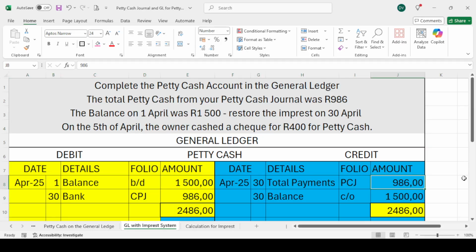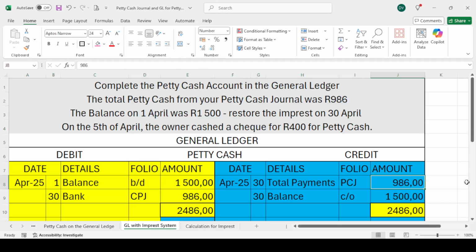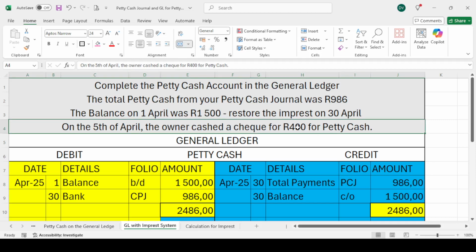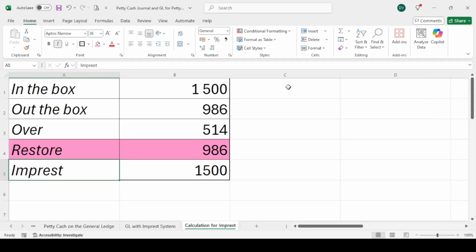But now, if the owner topped up the petty cash somewhere during the month with 400 Rand, you don't need 986 Rand anymore. You need less than that. Isn't it true? So if we take this 400 Rand into account, this formula now is very handy.